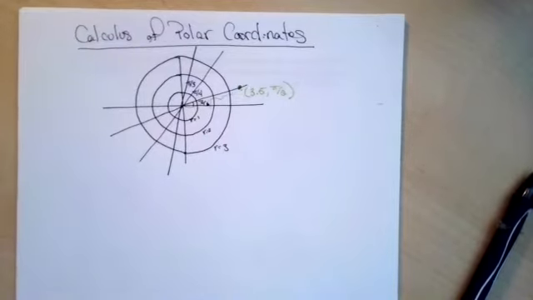And so we started to take a look at what these curves look like, and how we plot these curves based on these constraint equations, these r equals some function of theta. So we practiced a few examples of some of the basics of how to plot some curves. And now we want to jump into the calculus.